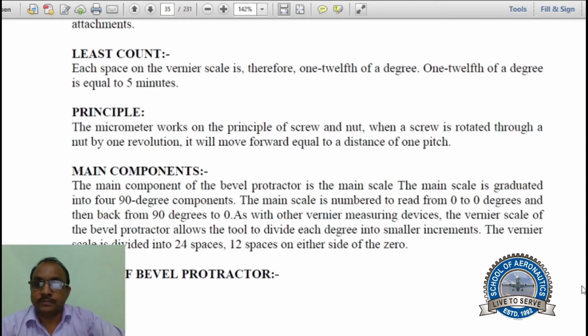Least count. Each space on the vernier scale is therefore 1/12 of a degree. 1/12 of a degree is equal to 5 minutes.